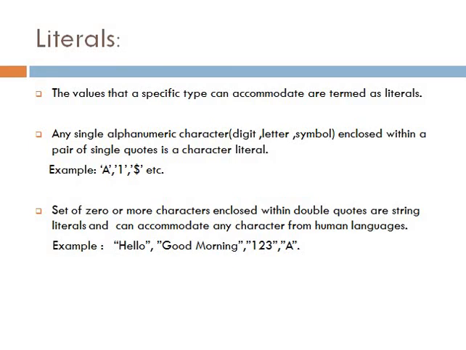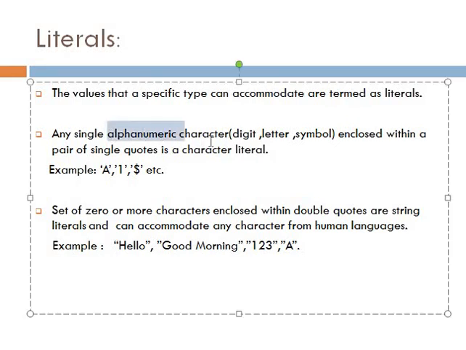Now let's come to the next topic, which is literals. The values that a specific type can accommodate are termed as literals. Any single alphanumeric character, I can say that it represents a digit, letter or a symbol.